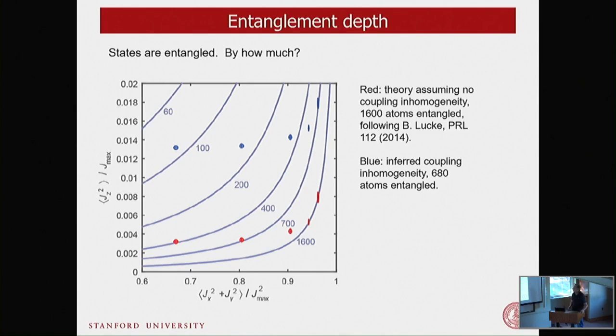The blue is the most conservative estimate of entanglement depth, and that is a lower bound. This is a theoretical inference. This is not a direct measurement.